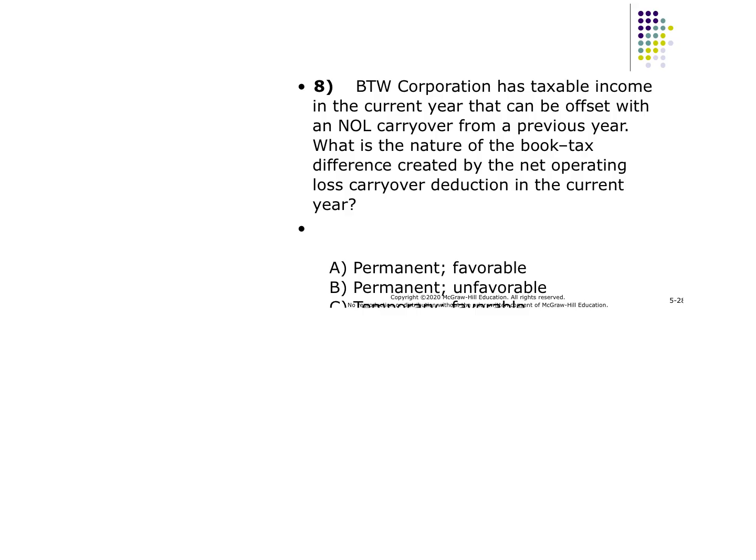All right, so that brings us to number 8. All right. So BTW Corporation has taxable income in the current year that can be offset with an NOL carryover from a previous year. What is the nature of the book tax difference created by the net operating loss carryover deduction in the current year? Okay, remember this carryover, right, means carry forward.